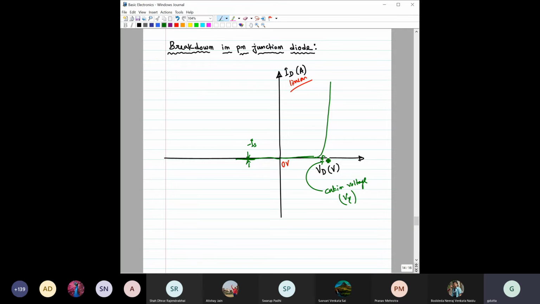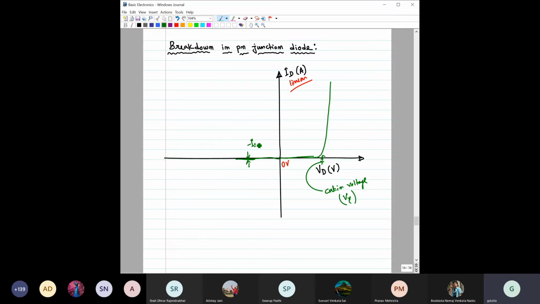That basically limits Vd, the applied voltage across the diode, once the diode has started conducting. So we can understand that the diode voltage in the forward bias is limited close to the cut-in voltage V gamma.